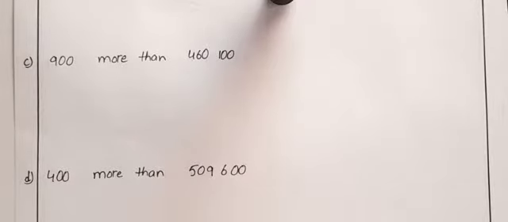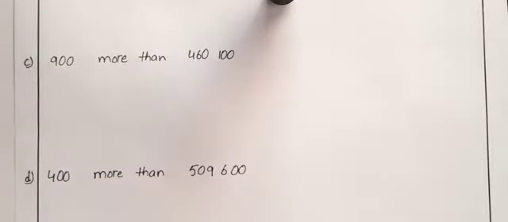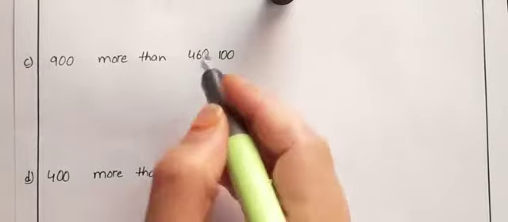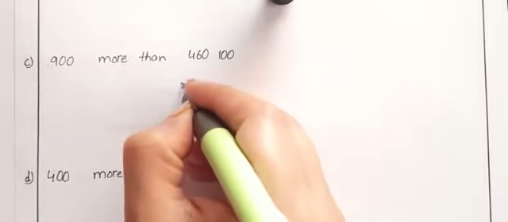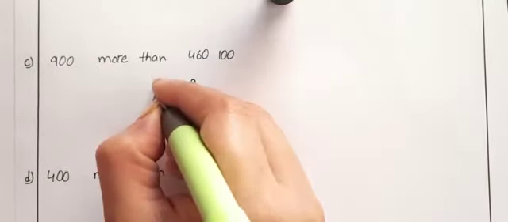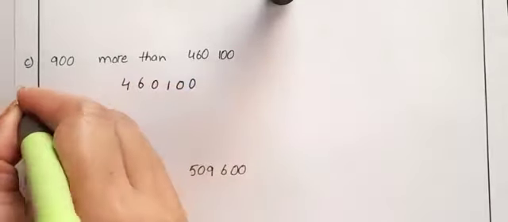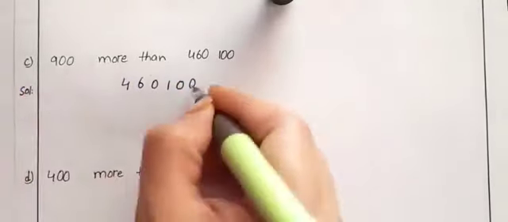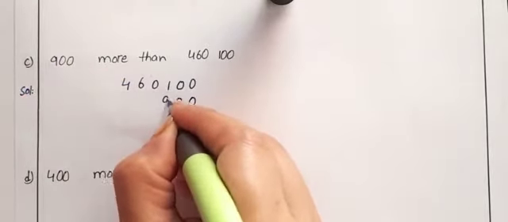After doing part B, let's move toward part C, that is 900 more than 460,100. Okay, let's write 460,100. Okay, this is that number and we have to write 900, so 0, 0, 9.